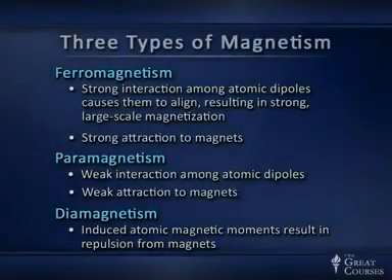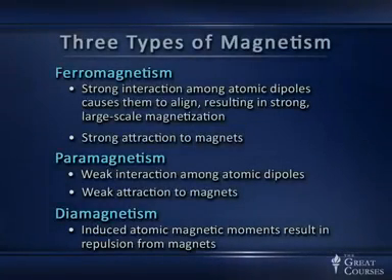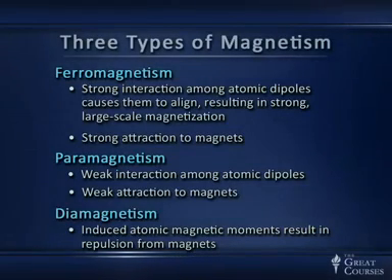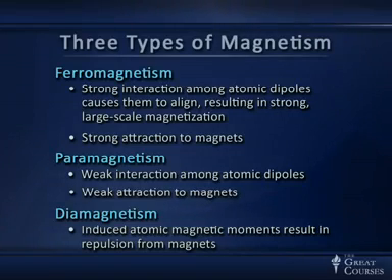And finally, there's something called diamagnetism. We'll understand the origin of diamagnetism a little bit more when we've looked at another phenomenon, so-called electromagnetic induction. But diamagnetism is something that occurs when a magnetic field changes near these atomic dipoles, and they actually respond by developing a magnetic dipole moment that causes them to be repelled from magnets.